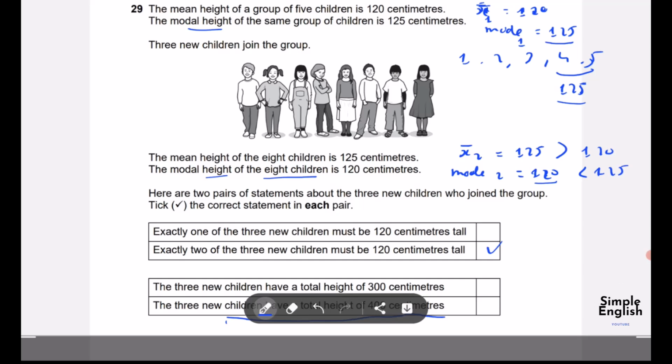The mean of the 8 children is greater than the mean of 5 children, so the 3 new children must be taller than 120. So that's why this one is correct, right?